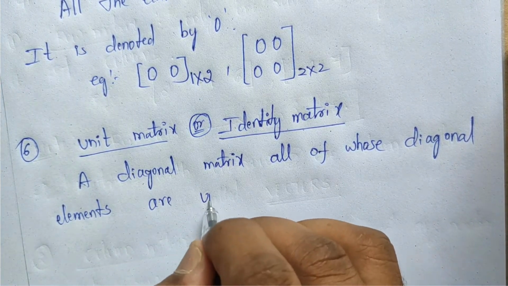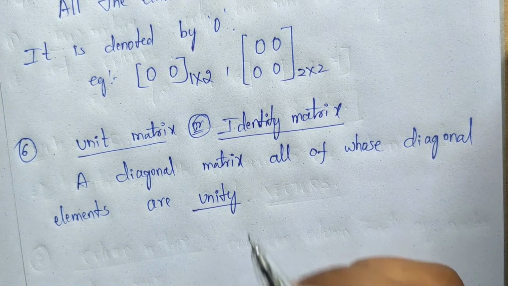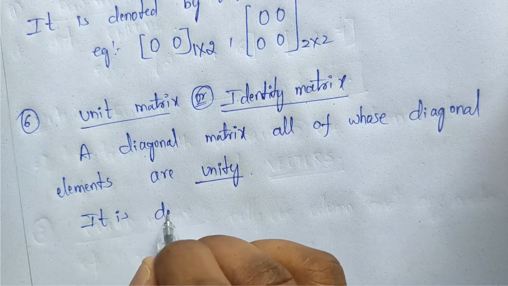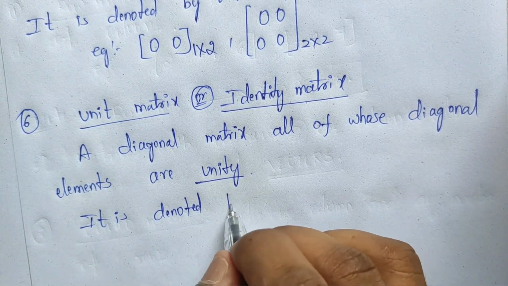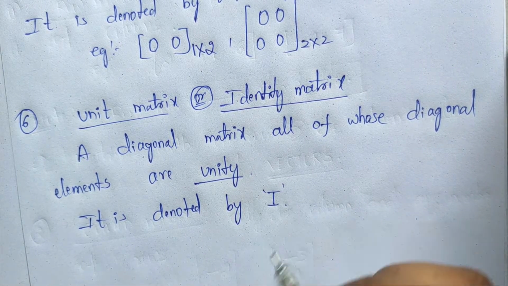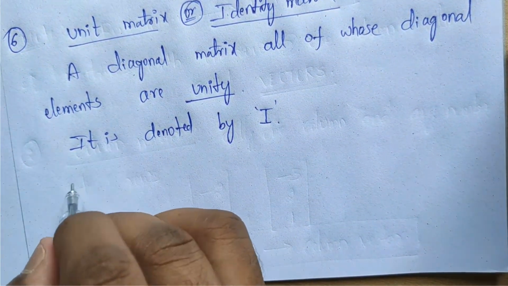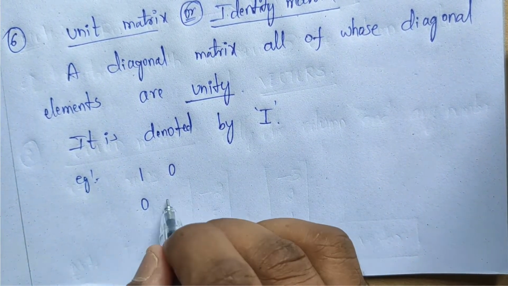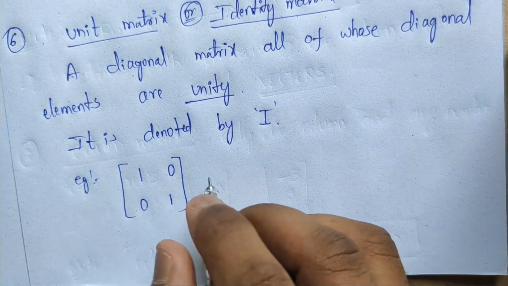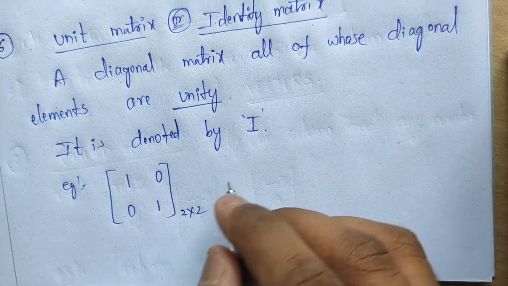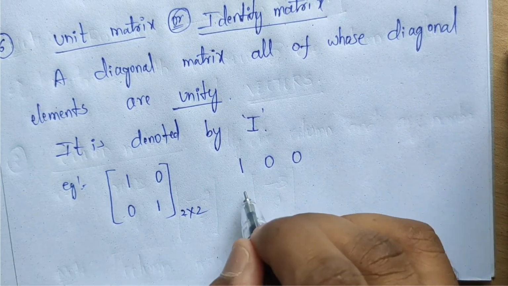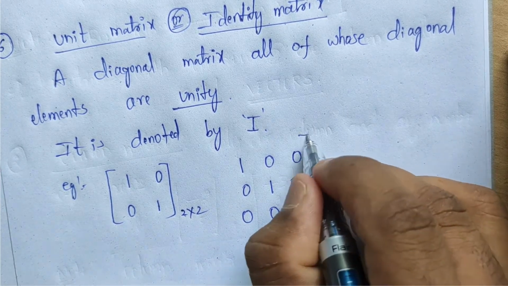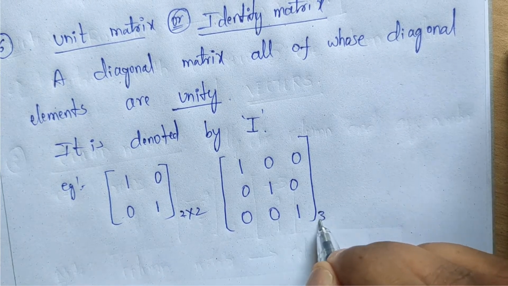It is denoted by capital I. Example: 1 0, 0 1, the 2 cross 2 order matrix; and 1 0 0, 0 1 0, 0 0 1, a 3 cross 3 matrix.